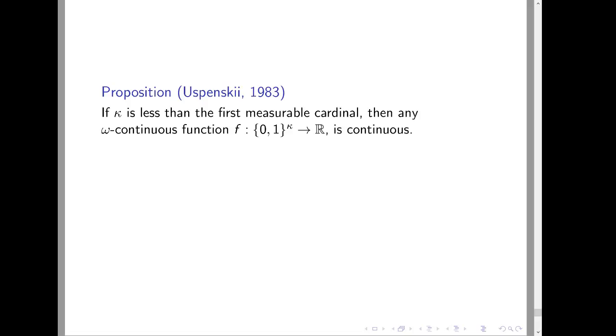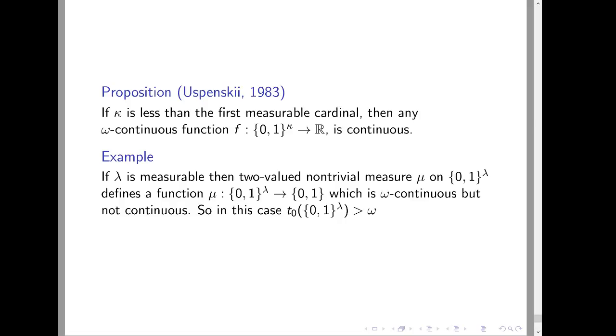It turns out that if kappa is below the first measurable cardinal, then any omega continuous function defined on the Cantor cube of weight kappa is continuous. Using this proposition instead of lemma 1, I'm able to get this result involving measurable kernels, theorem 2.